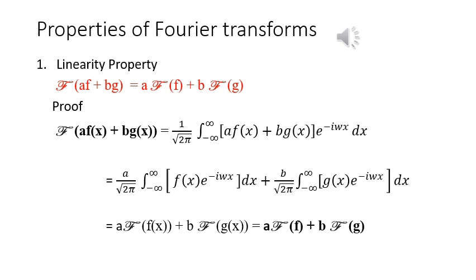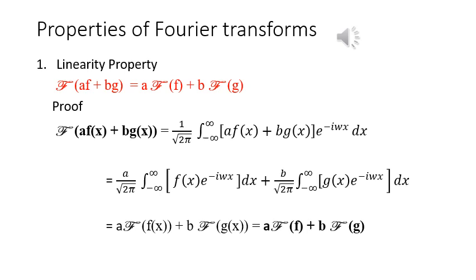Here the given function is a f of x plus b g of x together. So that is why we have substituted a f of x plus b g of x in the place of f of x. Now, since integration is also a linear operation, we can split both the functions.